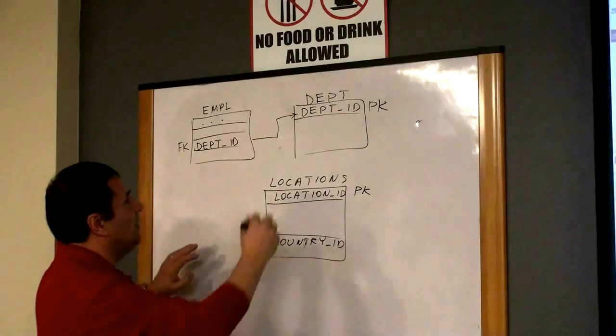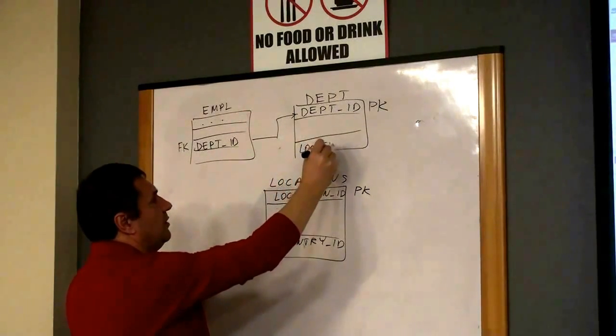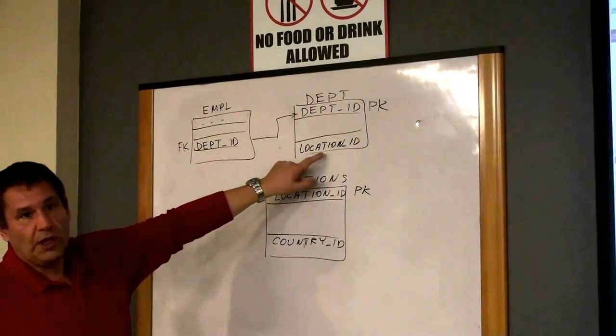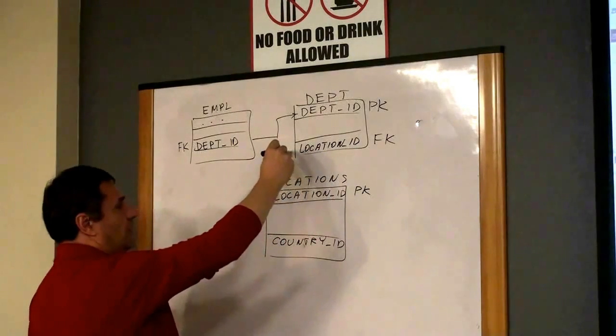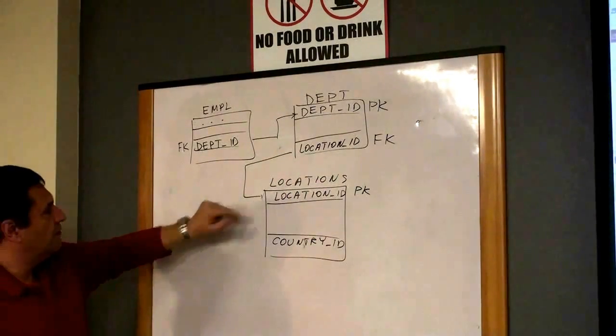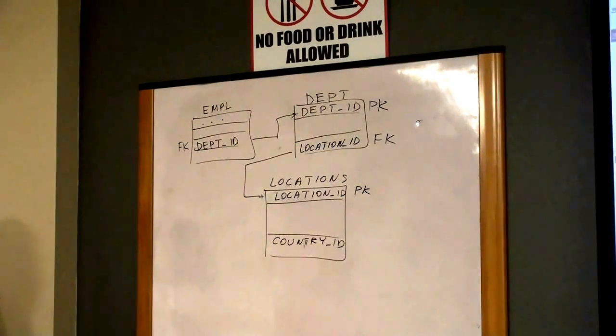Now, location ID, we have the field in the departments. We have location ID here, right? Location ID here is a foreign key, and it's linked to this primary key here. Okay, that's how the structure of these 3 tables is.